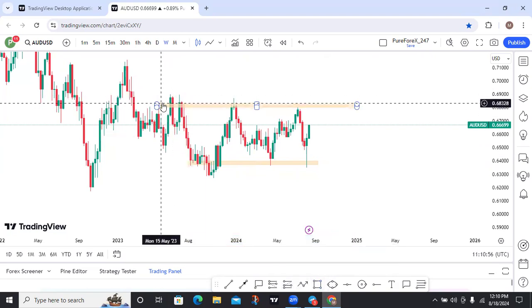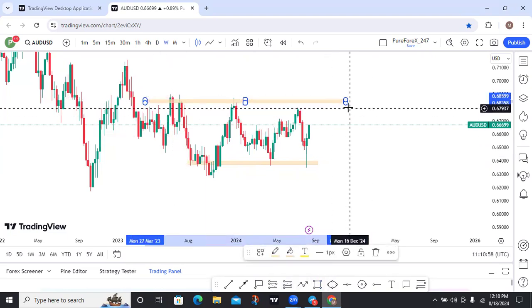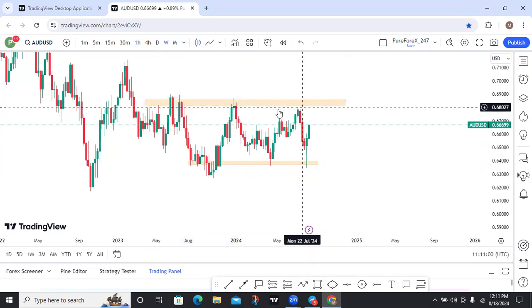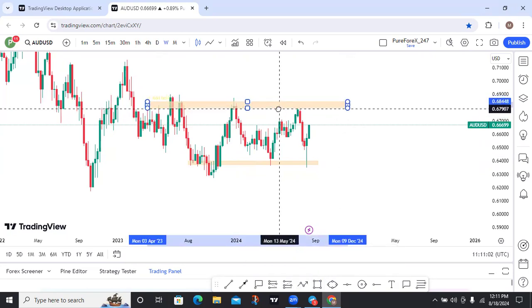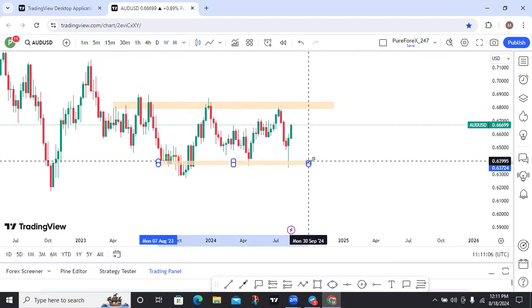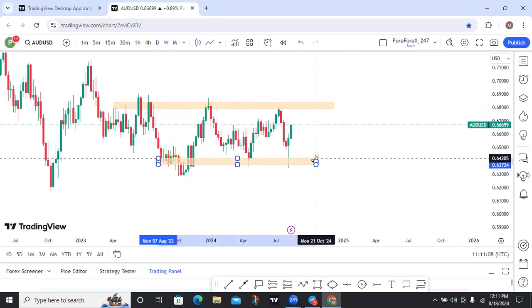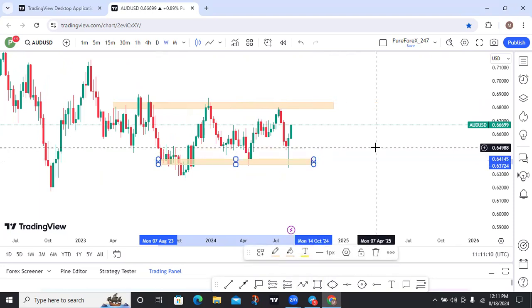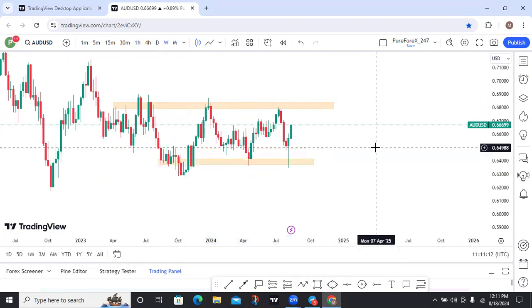You see that this level also is a problematic level, right? So the market is actually in a consolidation on the weekly time frame, moving sideways up and down, not trending from the weekly time frame. All right.